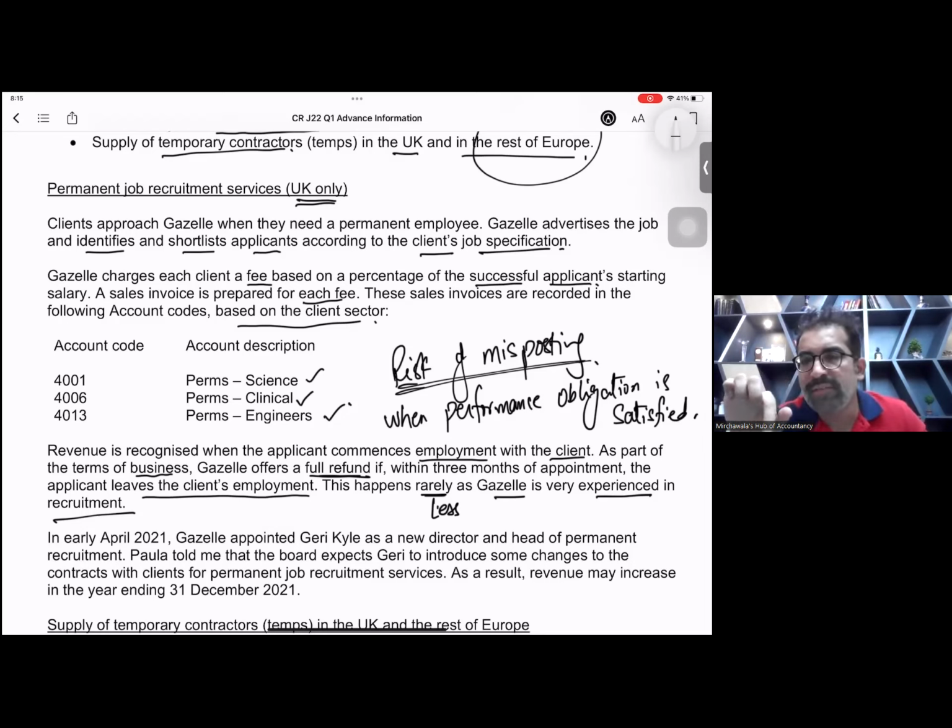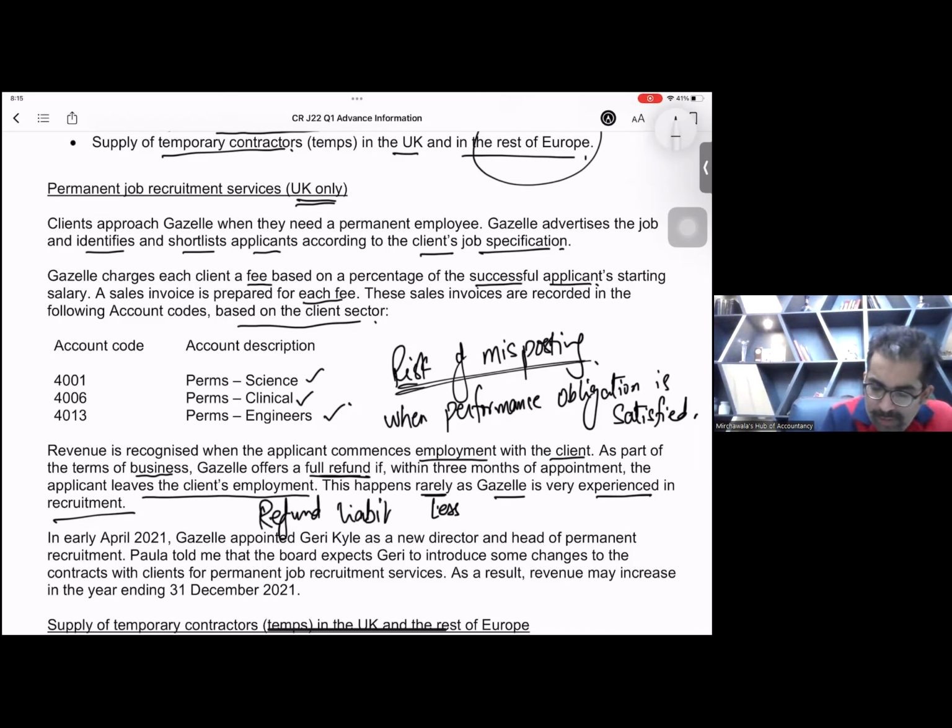And I have already told you that variable revenue is booked according to expectation. So now you need to book a refund liability, my dear students, according to expectation. But as it is written in the question that there is very little chance, the word rarely is written, right now no material refund liability is needed. Okay, but yes, the examiner can play in this area regarding refunds and all.